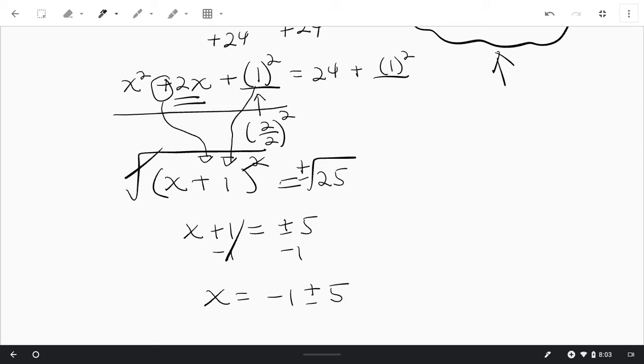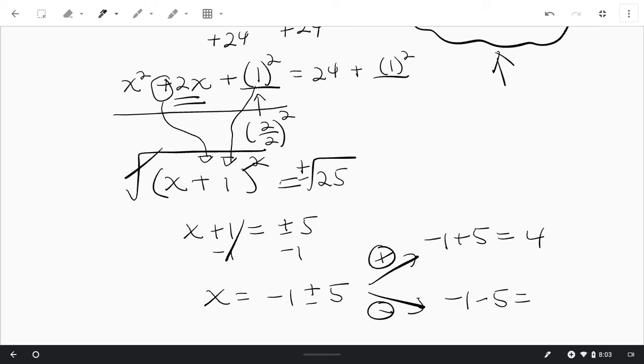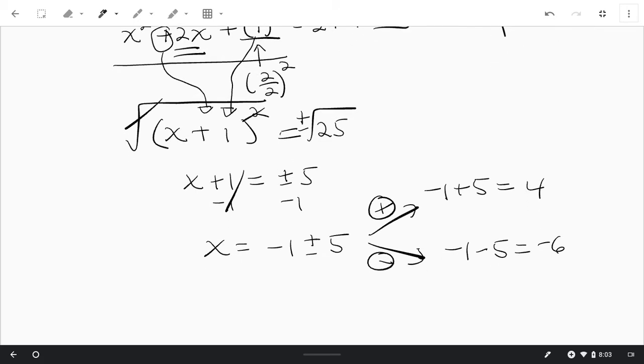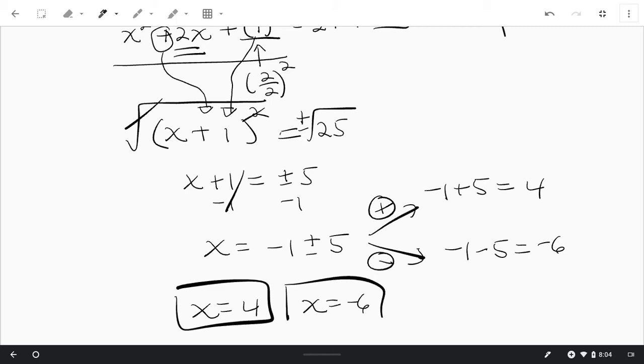So I have two answers here, -1 plus 5, and that is 4. And then I have my second answer down here, which is -1 minus 5, which is -6. So those are my two answers. x equals 4 and x equals -6. Okay.